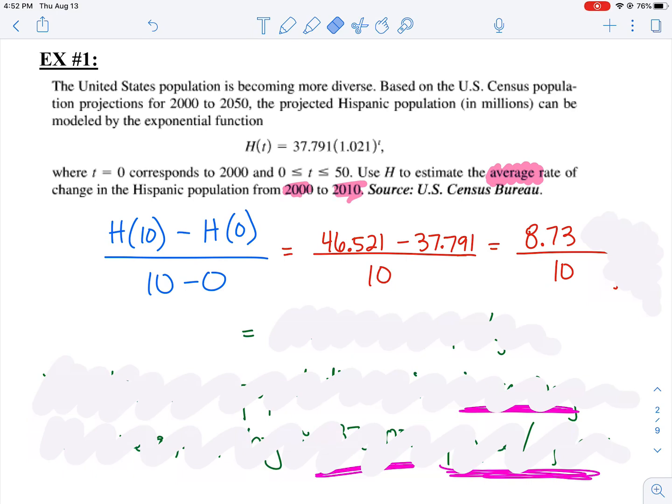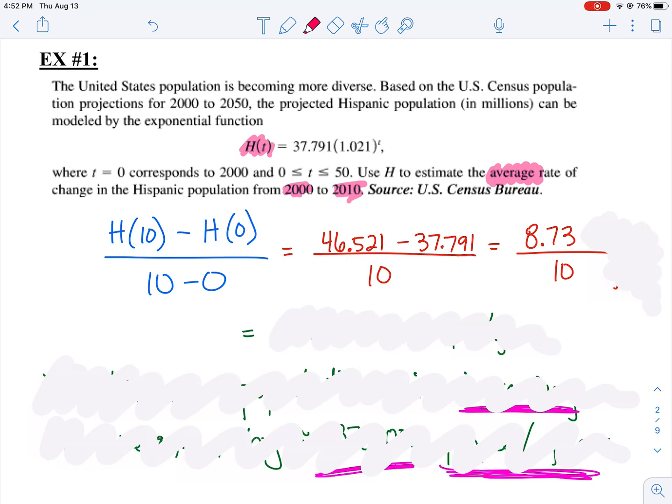Now let's pause before we get an actual answer, and let's think about what our numbers represent, and let's put some labels on there, because I don't just want numbers, especially for doing an application problem. I want to know what that number means. Now remember, H represented the number of Hispanic population in millions. So that 8.73 is actually millions of people, right?